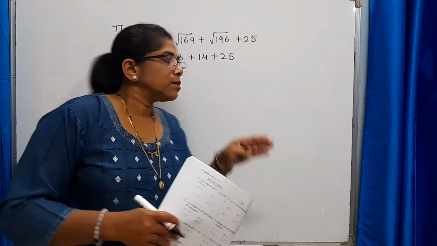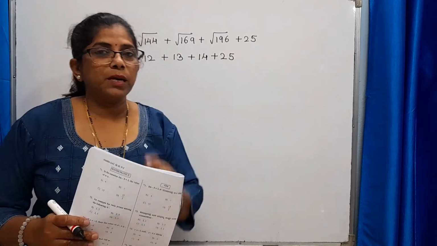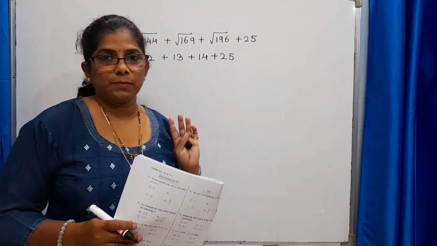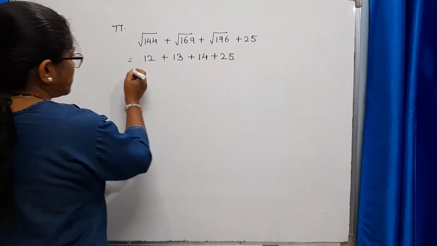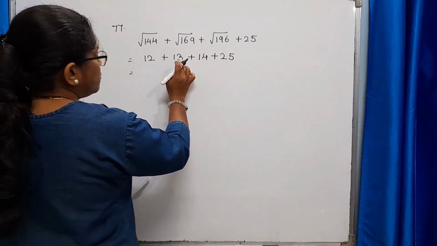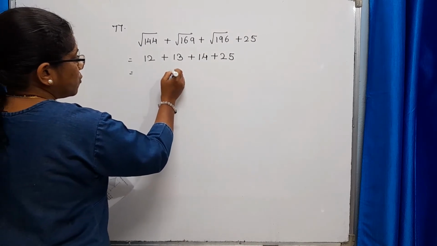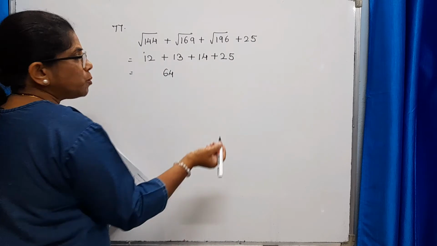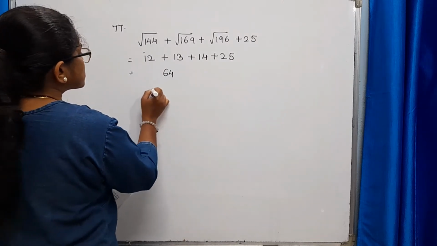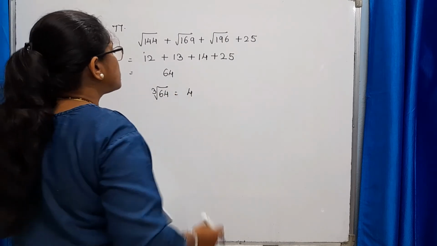Students in a hurry take root of all the numbers. So you have to be fast but also alert at the same time. Now 12 plus 13 plus 14 plus 25 is 64. Cube root of 64 is 4.